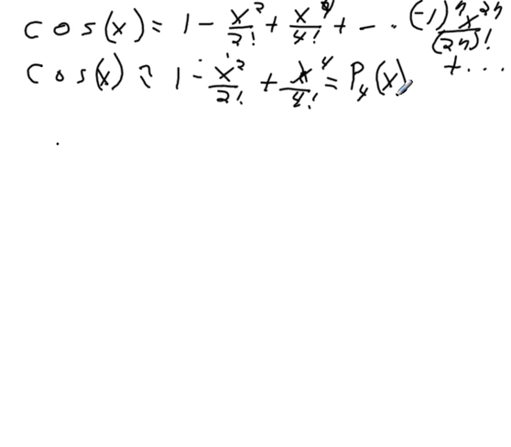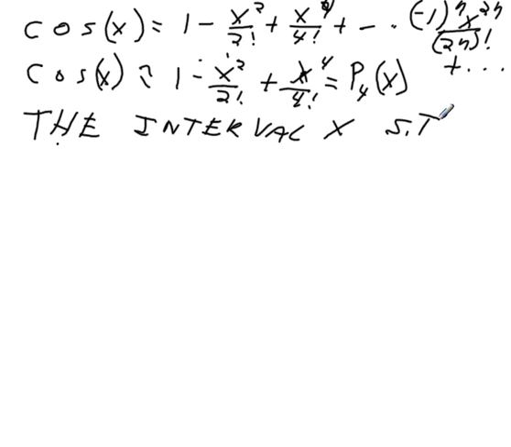Now, your homework, when we approximate the cosine, we're going to study what is the error. What is the error in this term? And for our first homework question, we use your calculator to find the interval of x such that the absolute value of the error, which would be equal to what?